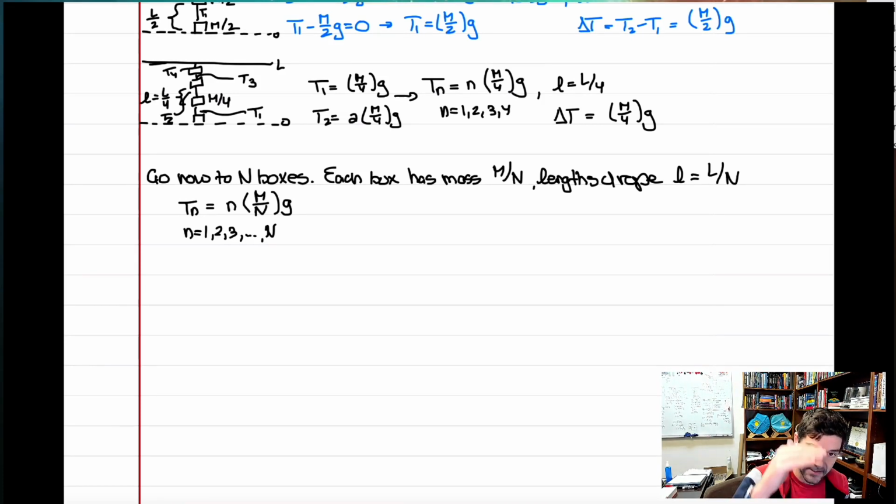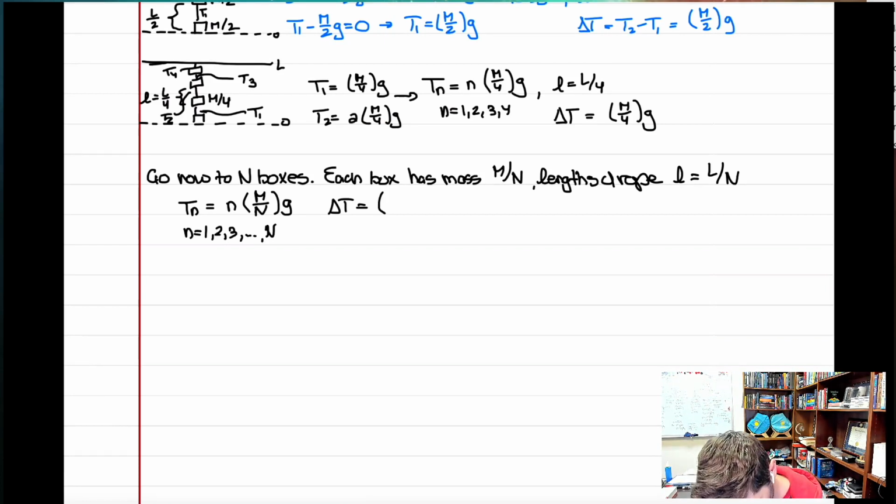And as that little n gets bigger, you're getting higher and higher up the rope. Again, with now this delta T, the tension in between 2 successive pieces of rope, right? T sub 49 minus T sub 48, or T sub 1003 minus T sub 1002. Looks like it's M over big N times g in this case. The tension is arising in the string.